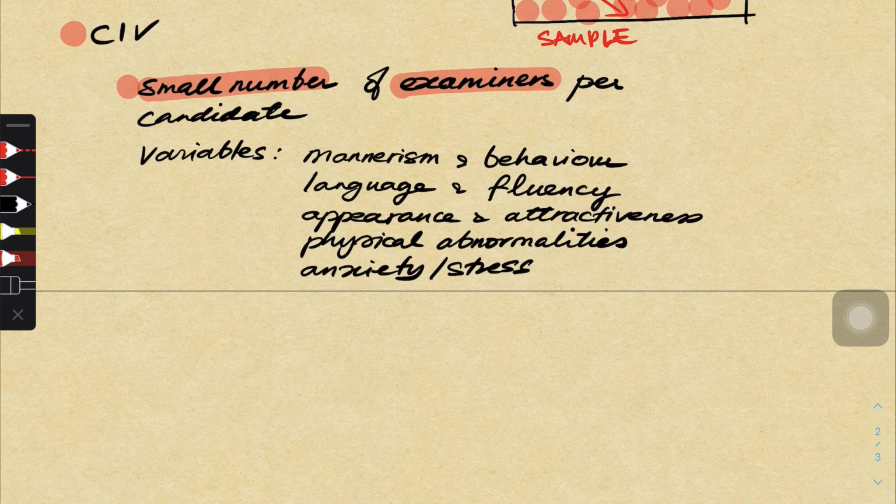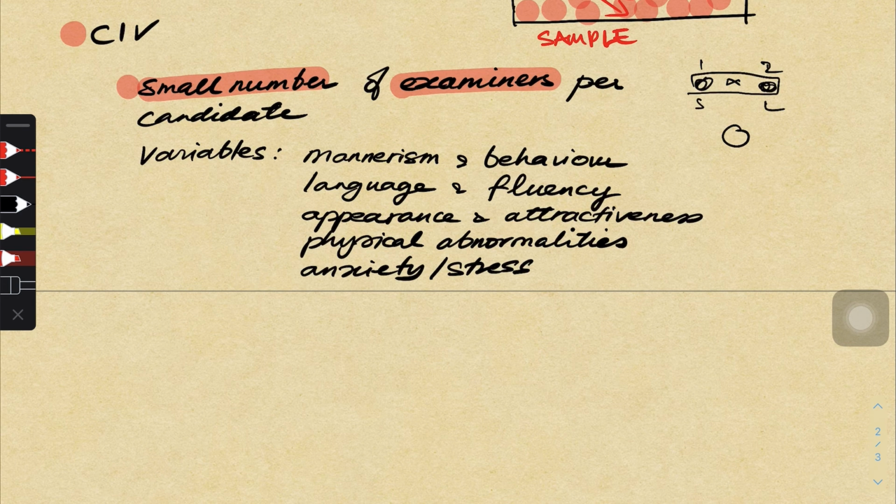Let's say you just have two examiners per candidate. This is a candidate, this is examiner 1, examiner 2. If examiner 1 is very, very strict, then you need to have examiner 2 who is very lenient to be able to cancel out the effect of examiner 1.